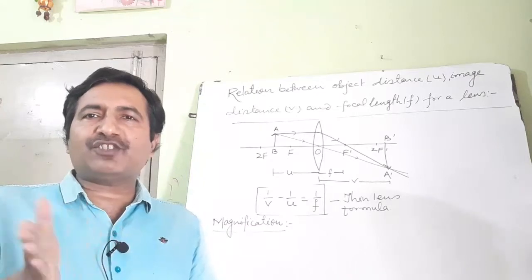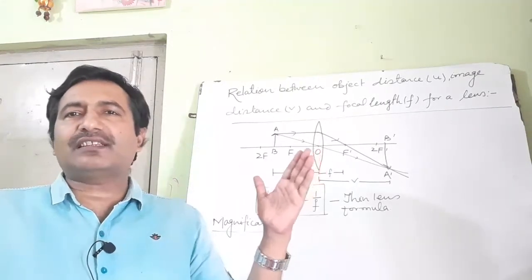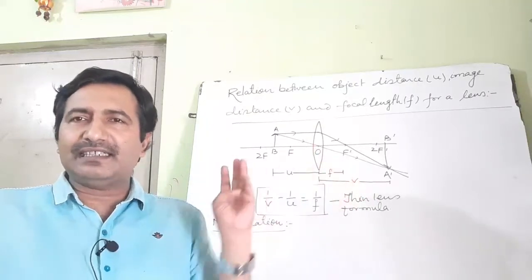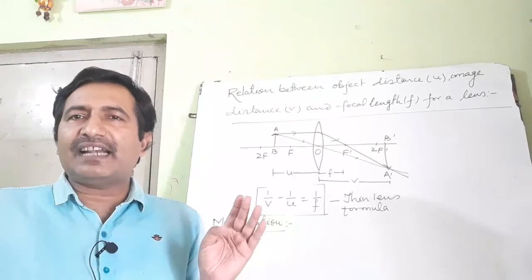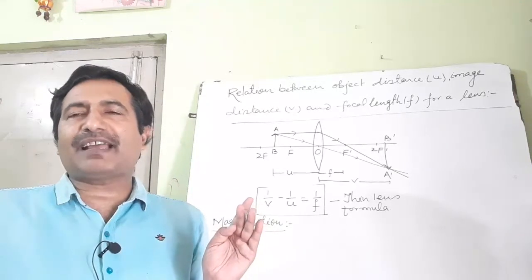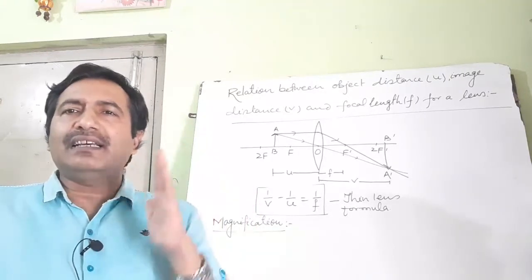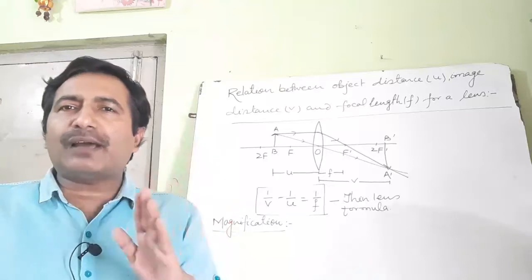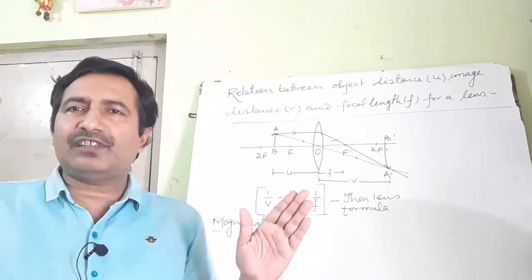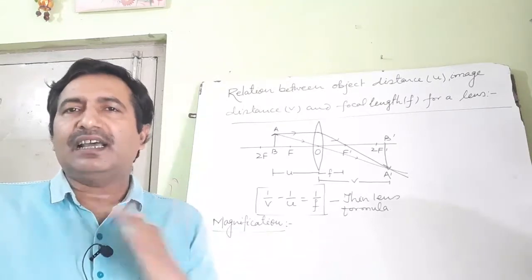And in your syllabus you have to learn only about linear magnification, although I discussed all the three types of magnification there: linear magnification, superficial or areal magnification, and cubic or volumetric magnification. But here you have to learn only linear magnification. Whether you are learning about mirror or lens, you have to learn about linear magnification only. So here magnification means only linear magnification, nothing else.